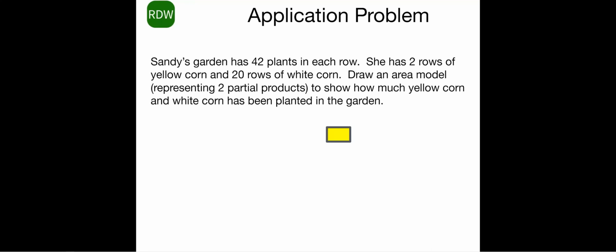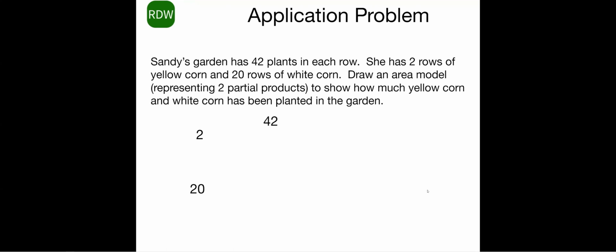So Sandy's garden has 42 plants in each row. I'm going to draw an area model representing 2 partial products. So the numbers involved: 42 plants, 2 rows of yellow corn and 20 rows of white corn.